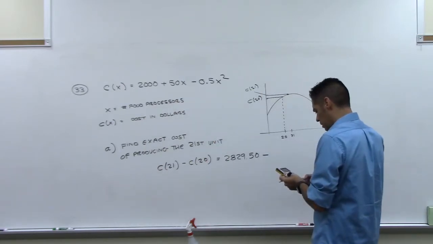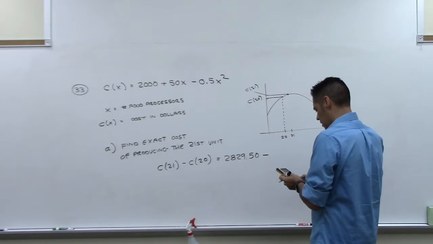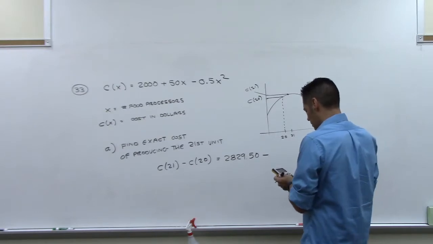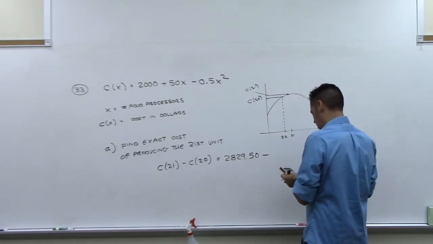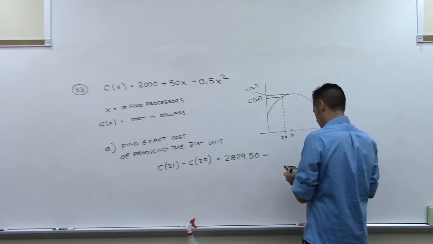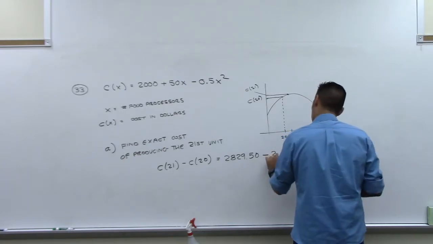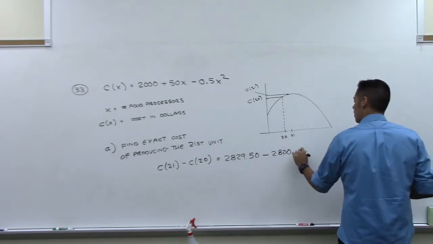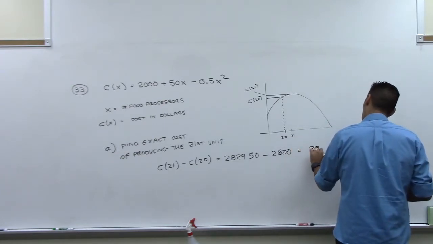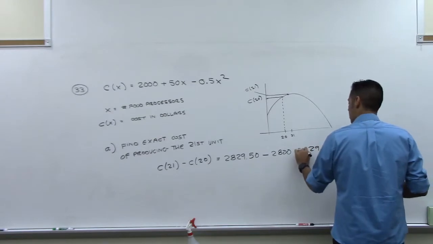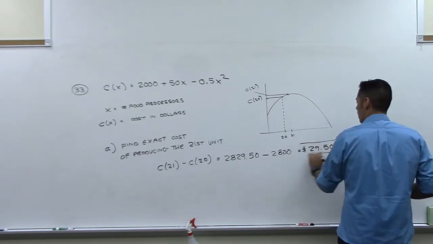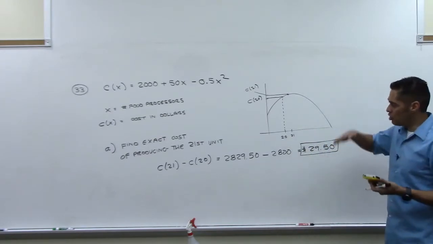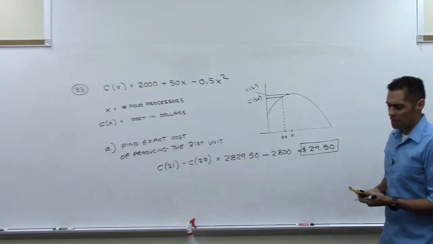So 2,000 plus 50 times 20 minus 0.5 times 20 squared. This is $2,800. So if we take the difference between those two, we get exactly $29.50. So I'll put my dollar sign out there. That's how much it cost me to make that 21st food processor.